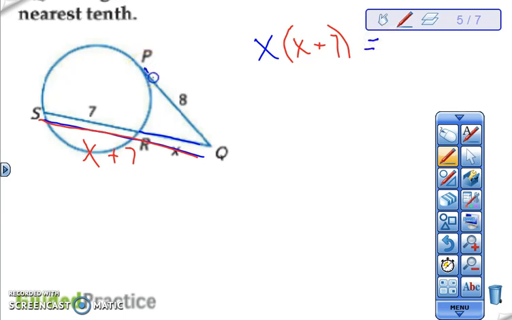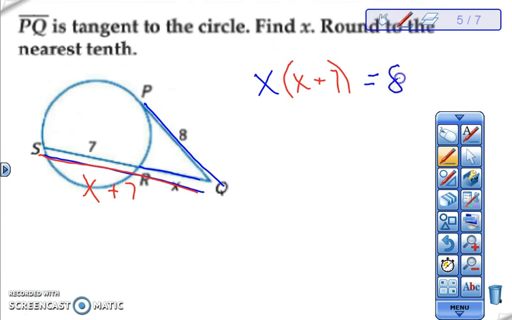For the tangent line, the external portion is 8. And the entire length of the segment is 8 as well. So all we have to do here is simplify by distributing.